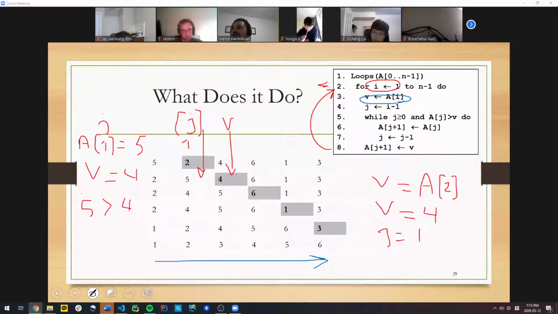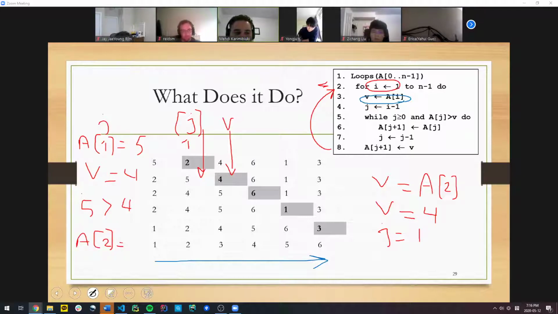Yeah, that's true. So that means go into the while loop and do the following. Put A[J] into A[J plus 1]. So what is A[J]? A[J] is 5. Put that into A[J plus 1], so A[2].